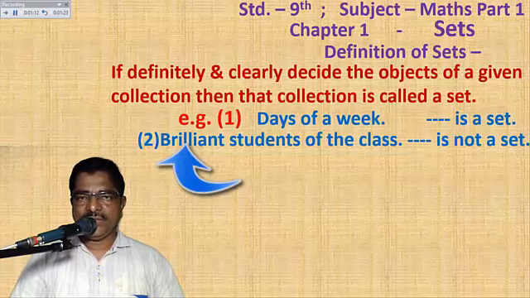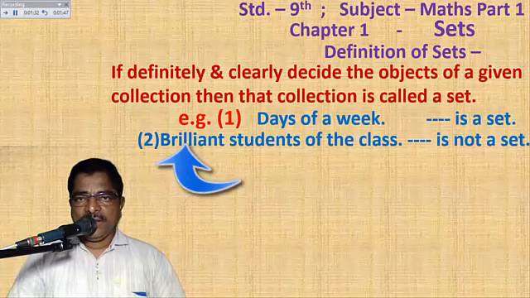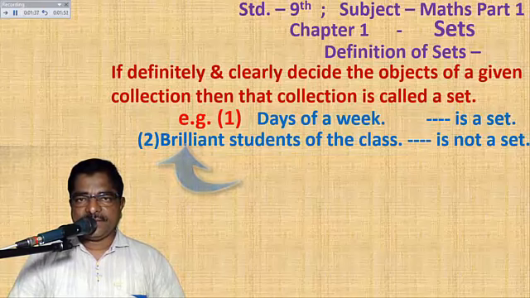Here we cannot say definitely and clearly which student is brilliant, because being brilliant differs from person to person. Therefore, that collection is not a set.